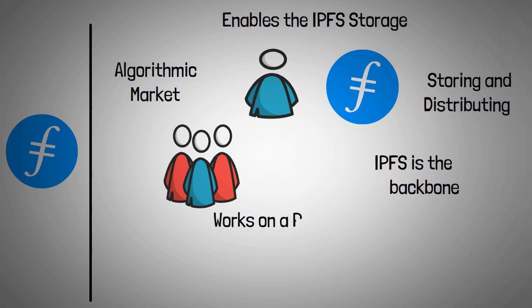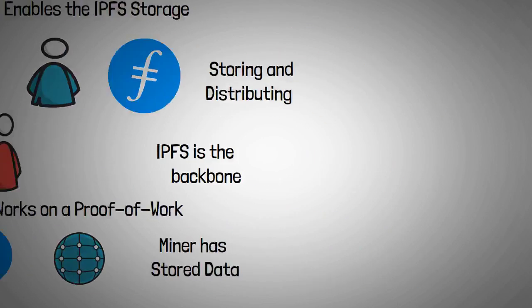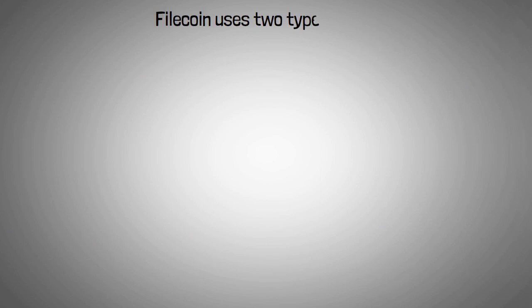The Filecoin network works on a proof-of-work model. Unlike Bitcoin, Filecoin's POW is related to the storage of data. The work done proves that a miner has stored data for a specific time period. Filecoin uses two types of proof-of-work proofs to prove the work done: proof of replication and proof of spacetime.